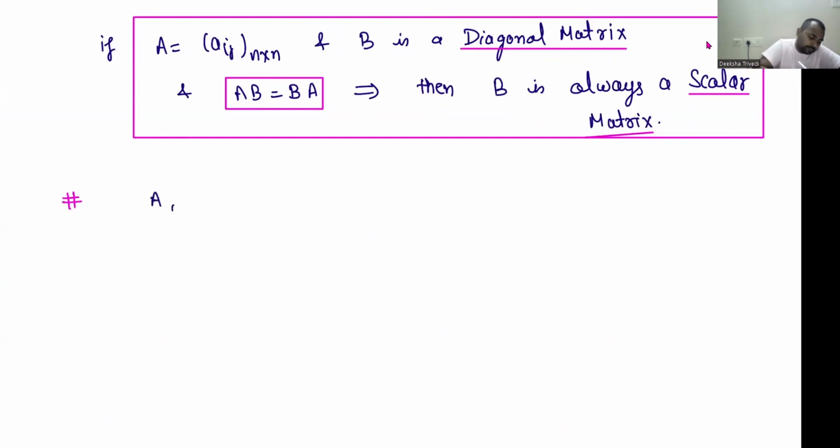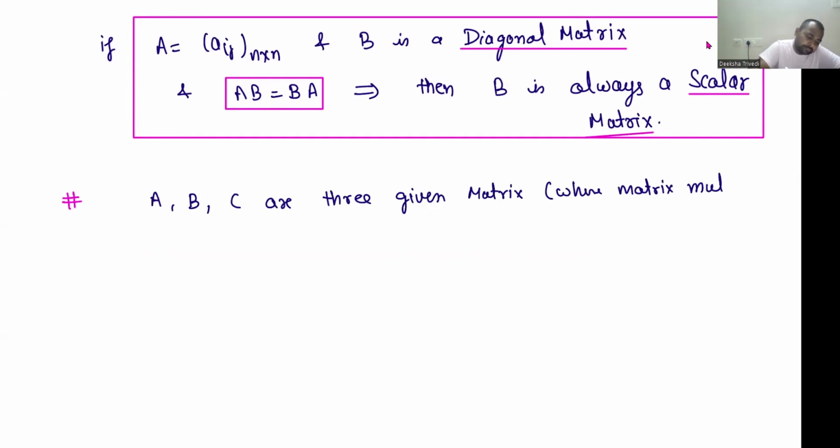Now, again we can say A, B, C are three given matrices where matrix multiplication is defined.